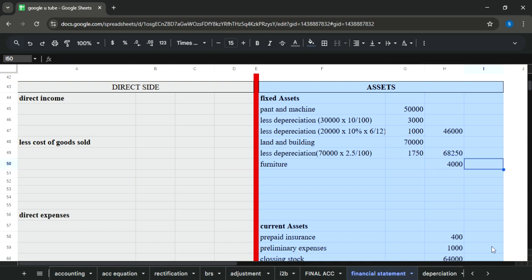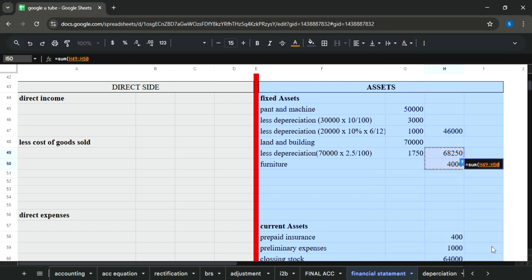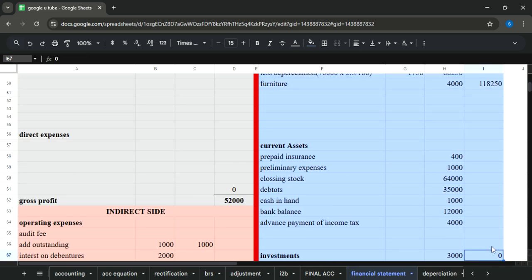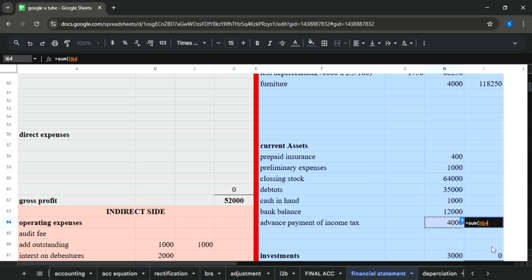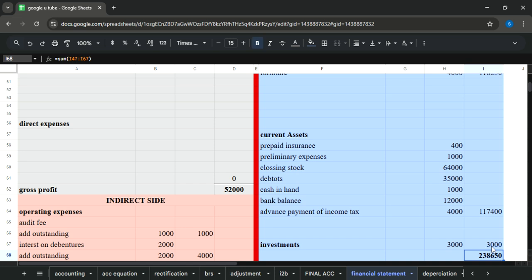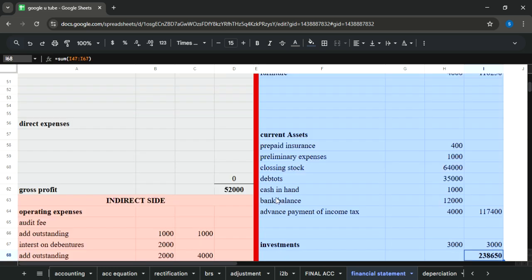All fixed assets are completed, which means we will take sum of these three different fixed assets. Now we will take sum of values of current assets, that is also completed. Investment has only one amount, and it means all three parts are completed. Sum of fixed asset, sum of current asset, sum of investment.